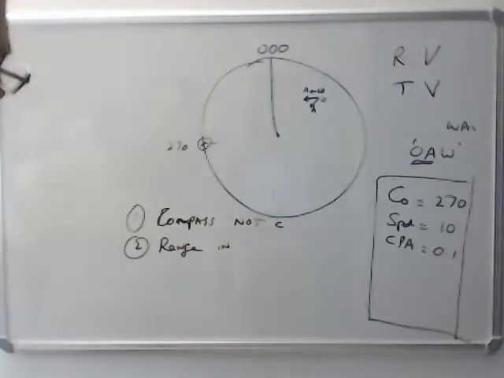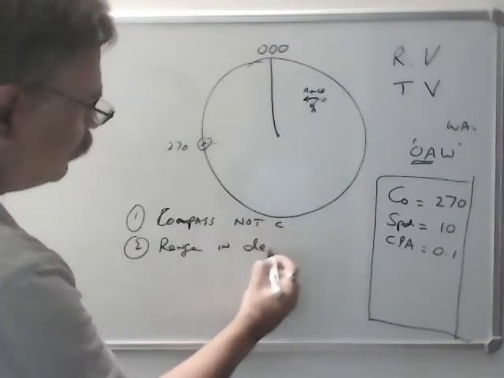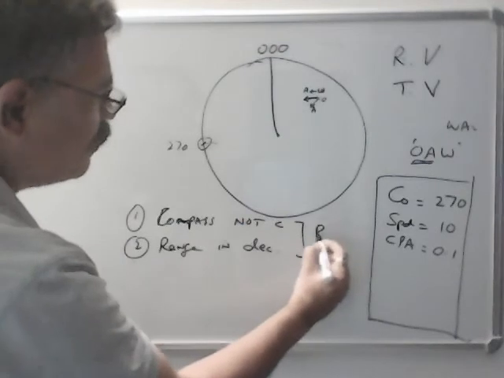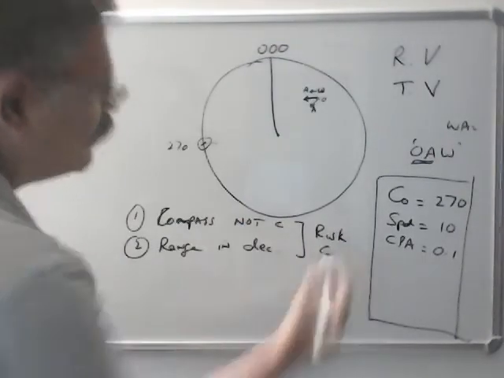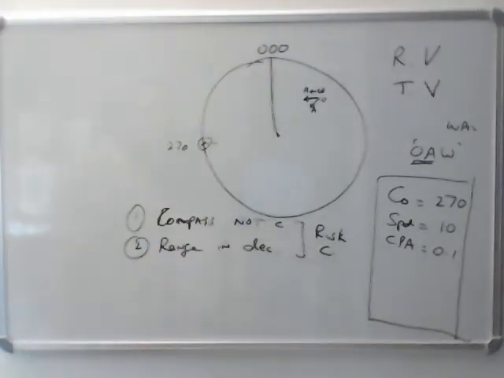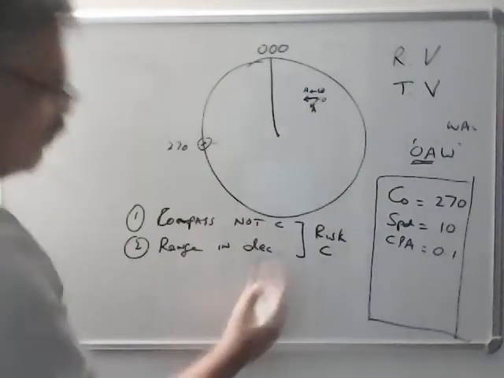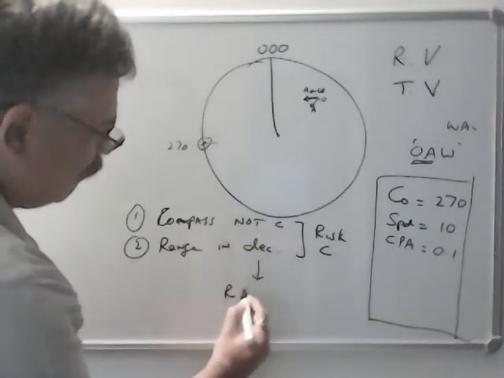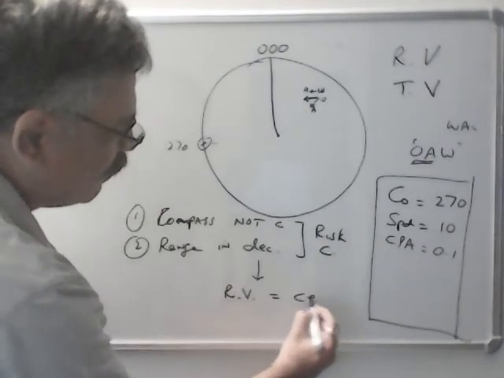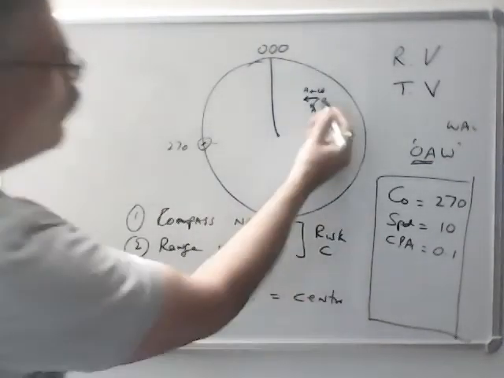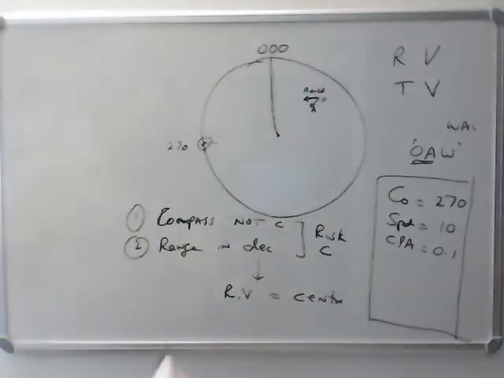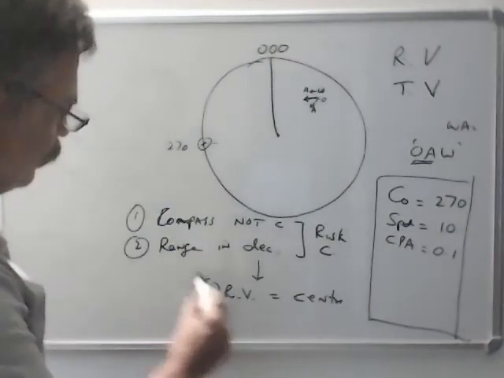Approaching vessel, it says, that means range is decreasing. That means risk of collision. So whenever you have this and you acquire a target, and you select relative vector, you will also get relative vector pointing towards the center, like here. So you will get this third thing here.